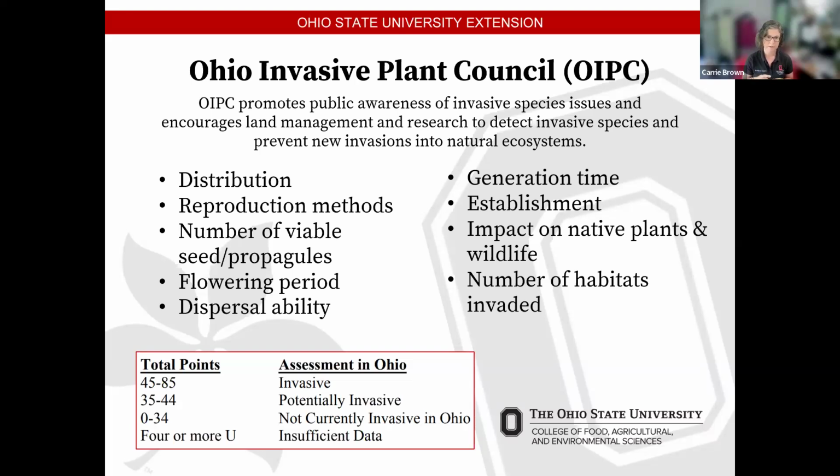So these are the different things that they are considering. Ultimately, they score each plant on a scale from 0 to 85. And you can see that breakdown on the bottom of the slide. So a score in between 45 and 85 is deemed invasive by Ohio Invasive Plant Council, and so on.